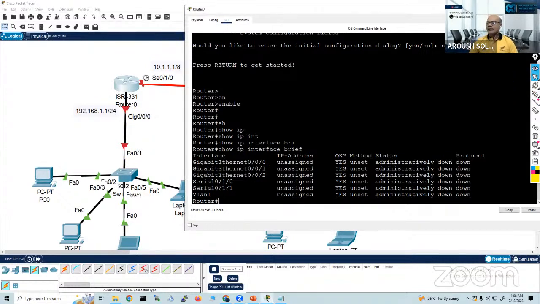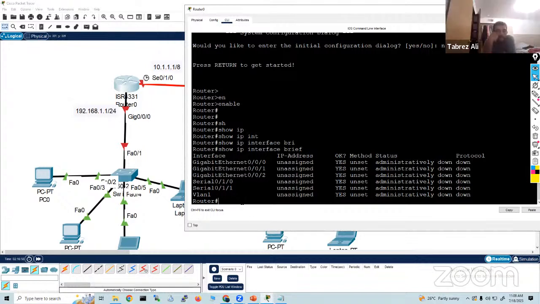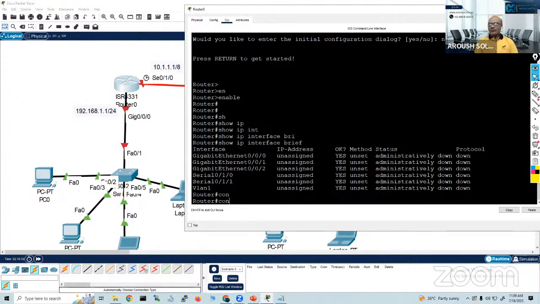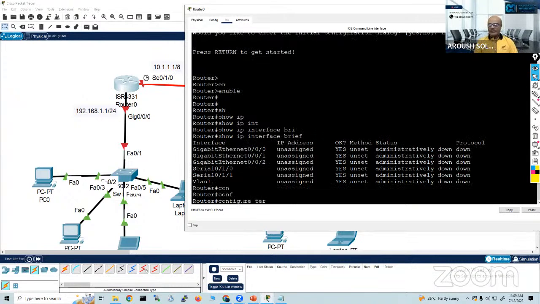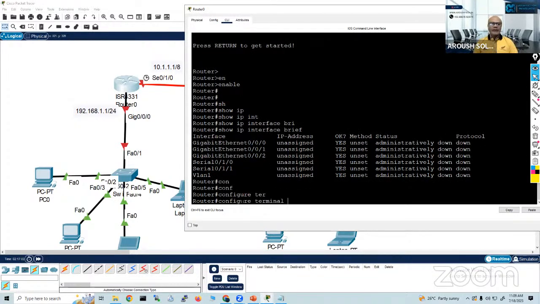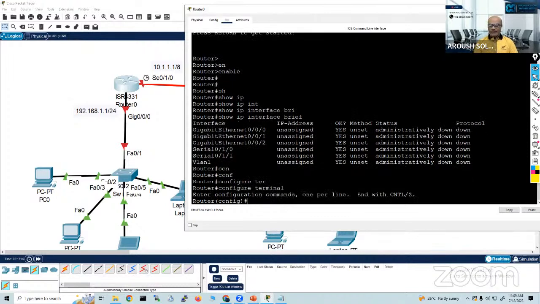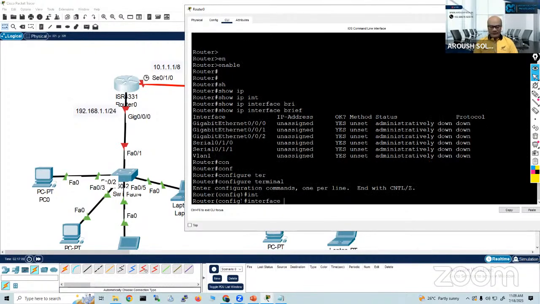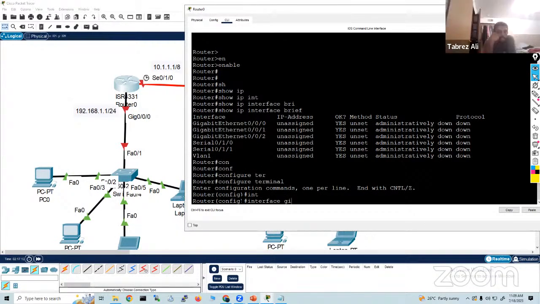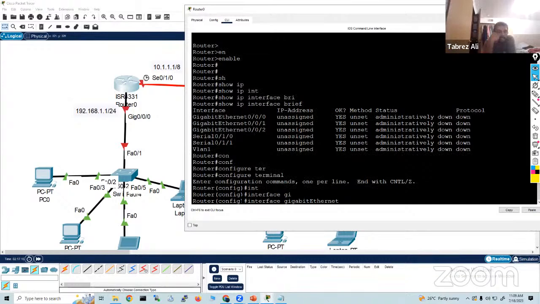So as per our lab, let's give the IP address. What is the IP address for this interface? 192.168.1.1. Okay, so configure terminal, to enter the global configuration mode. Then enter that interface. Interface gigabit, so just type GI and press the tab key.